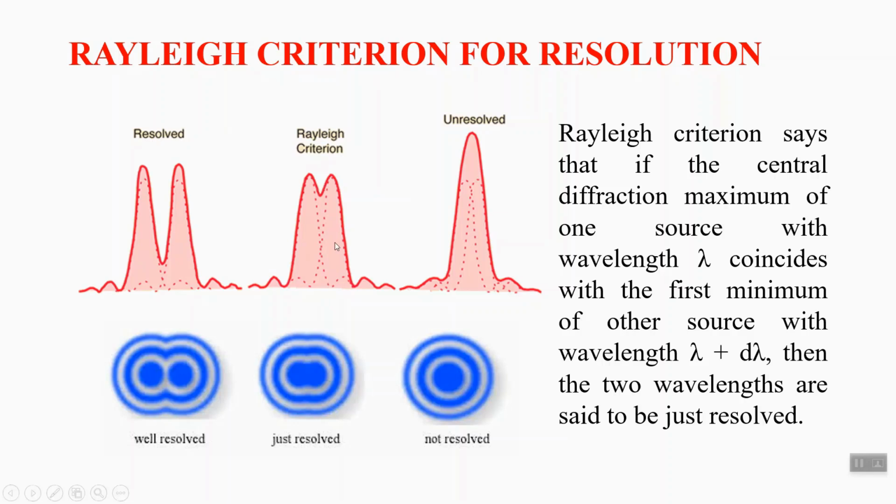The Rayleigh criterion says that if the central diffraction maximum of one source with wavelength lambda coincides with the first minimum of the other source with wavelength lambda plus d lambda, then the two wavelengths are said to be just resolved.